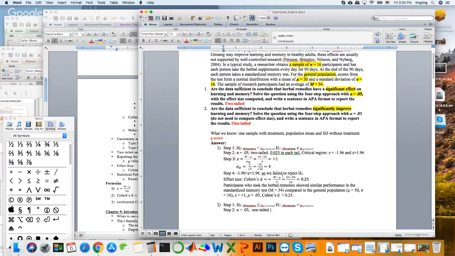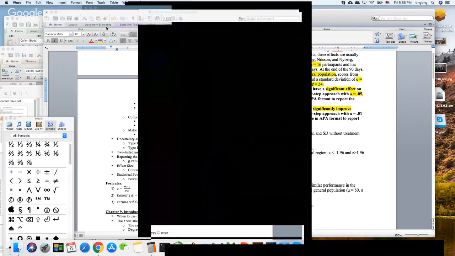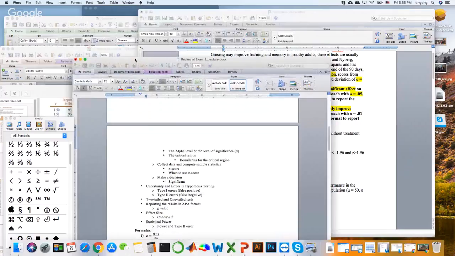Because we hypothesize the population mean after treatment should be higher than the population mean before treatment, the critical region should be on the right-hand side of the distribution. Then we need to check the unit normal table.